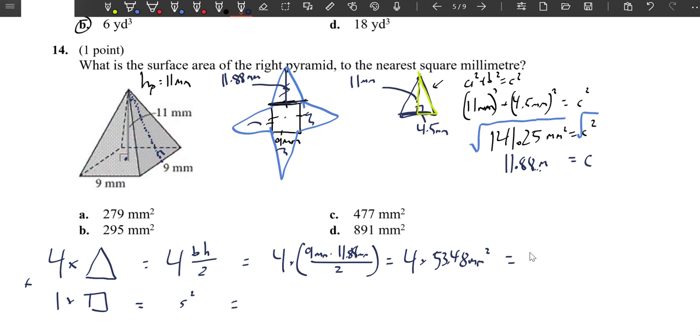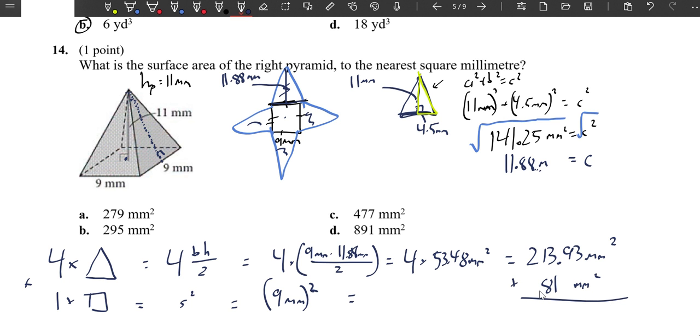And altogether, if there's 4 of them, that's 213.93 square millimeters. And for the square, there's just one of them, which is just side squared, which is just 9 millimeters squared. 9 times 9 is 81. I'll just write it way over here. Hang on. I'll make it go right underneath. 81 millimeters squared.